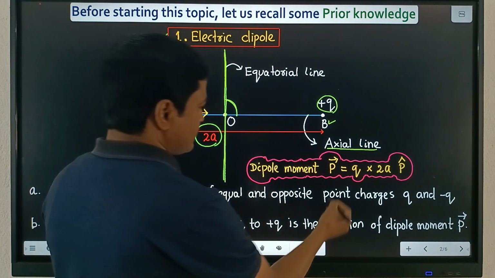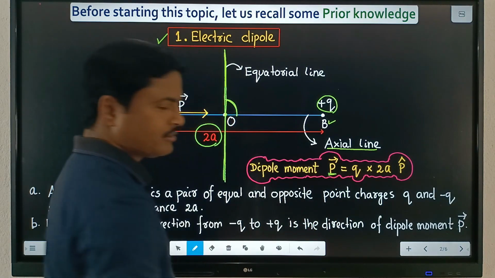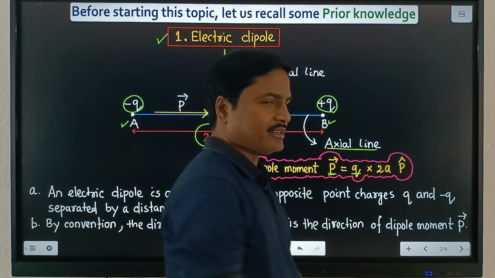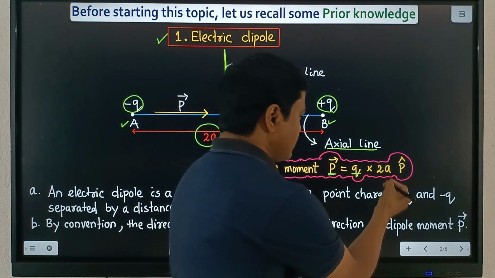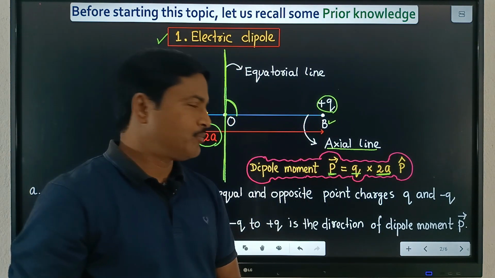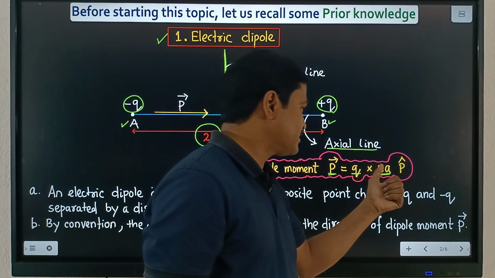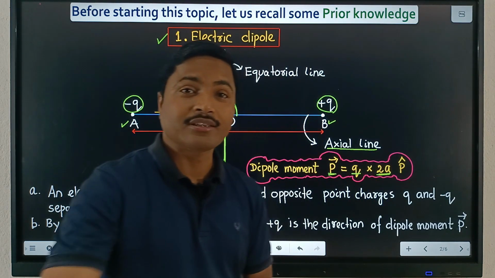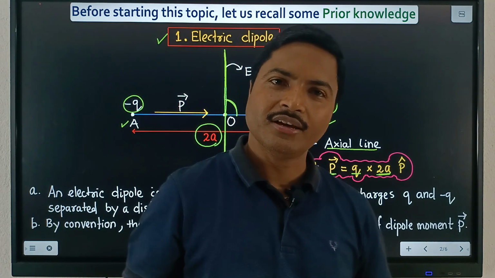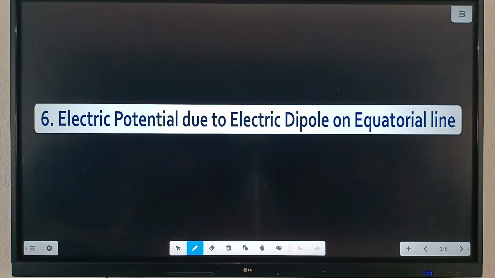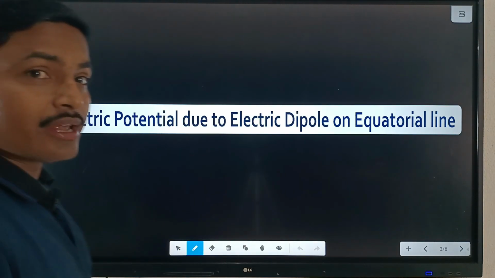Dipole moment we write symbolically as p, which is equal to the product of the magnitude of any charge, q, and the distance between the two charges, twice of a. That means the product of the magnitude of any charge and the distance between the two charges is known as the electric dipole moment. Clear? Now we will discuss the electric potential due to an electric dipole on the axial line.